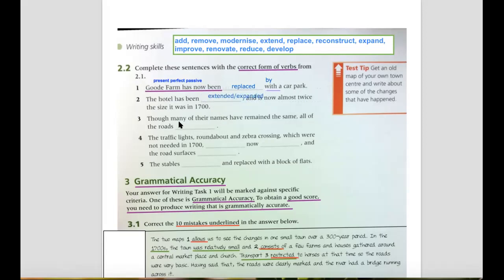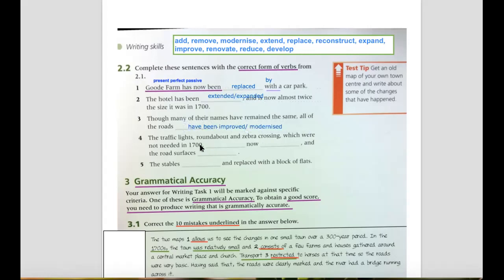Okay, number 3, all of the roads. So now we can't just put one adjective, we need to fill in the whole tense. Okay, so the roads have been, either you can say improved, or we could say modernized.